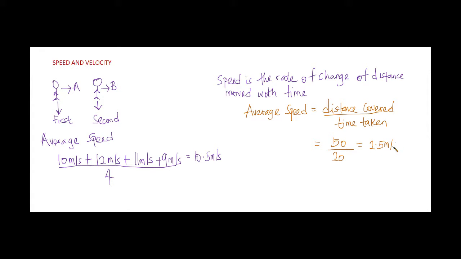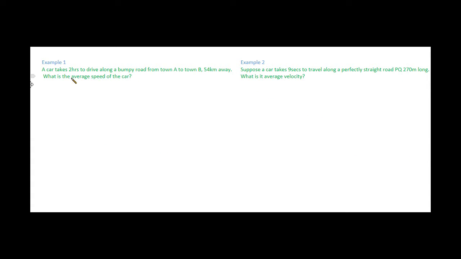So that's a kind of straightforward question. Similarly, I have another example. If a car takes 2 hours to drive along a bumpy road from town A to town B, 54 kilometers away, what is the average speed of the car? Since we have our formula, average speed always equals distance traveled over time.